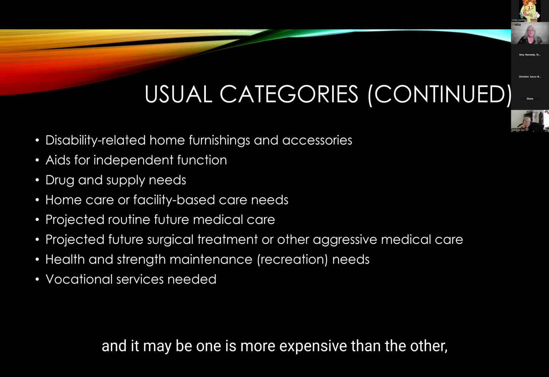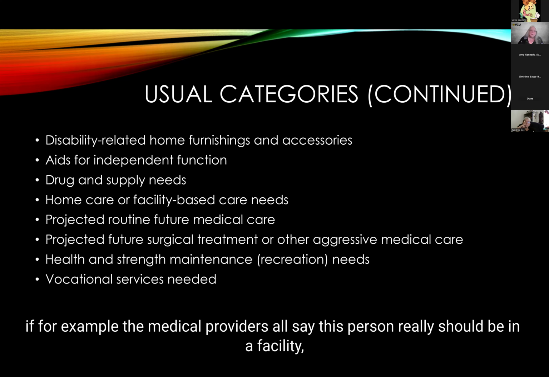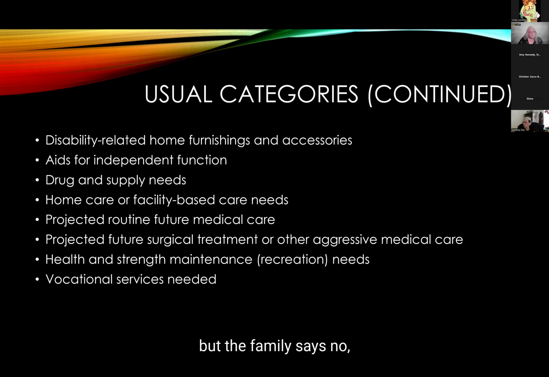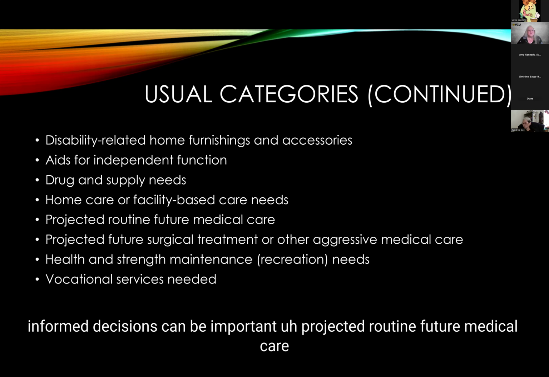And it may be one is more expensive than the other. It may be one works better for the family than the other. We try to provide options. If, for example, the medical providers all say this person really should be in a facility, but the family says, no, we want our loved one at home, providing both options so that people can make informed decisions can be important.